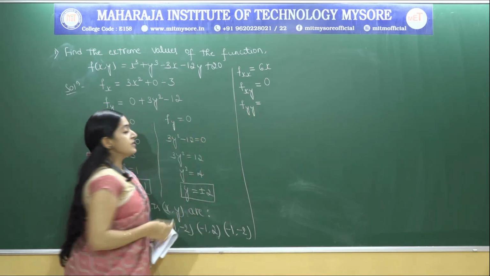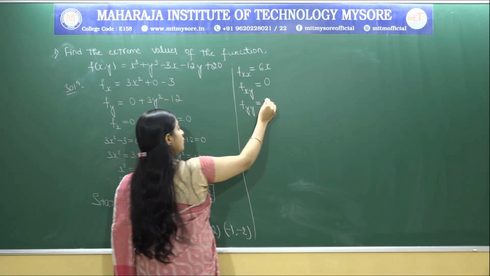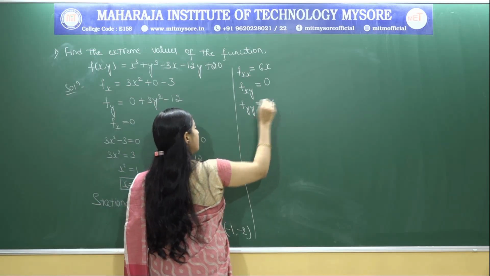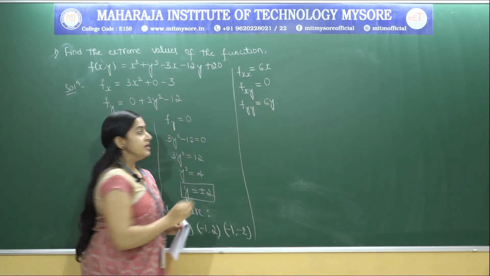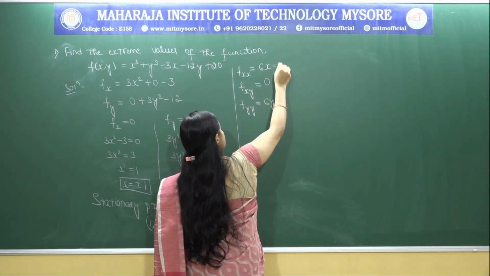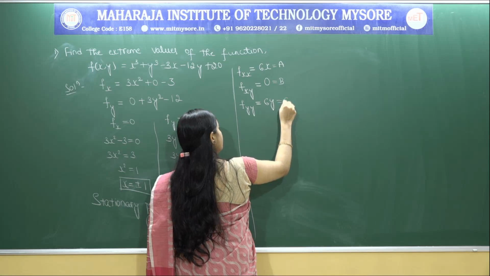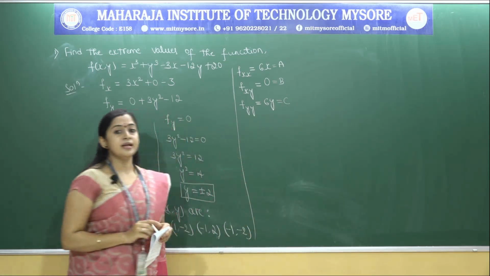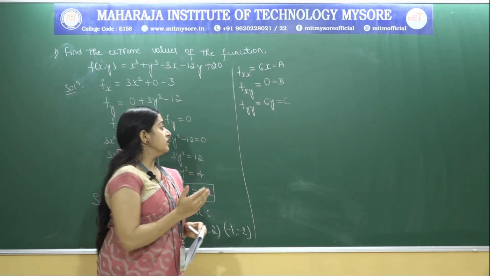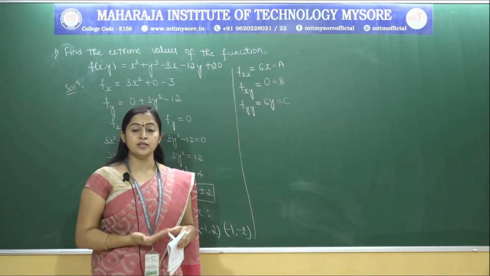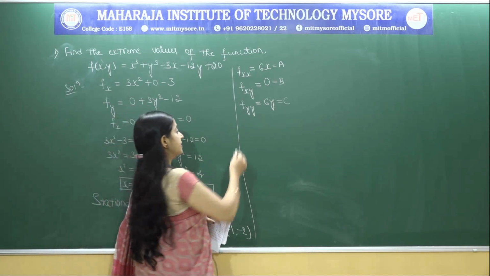So here you have 3y square, differentiate that, you will get 6y, minus 12, the differentiation is 0. So mark this point, the first one is A, second one B, third one C. Next, we have to evaluate this at all the stationary points, then compute AC minus B square.